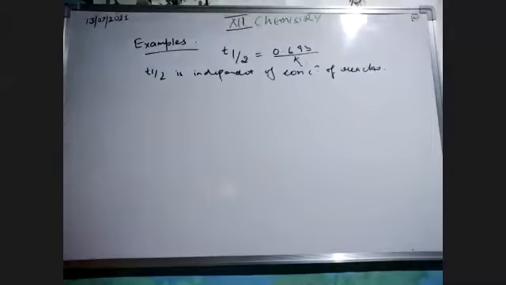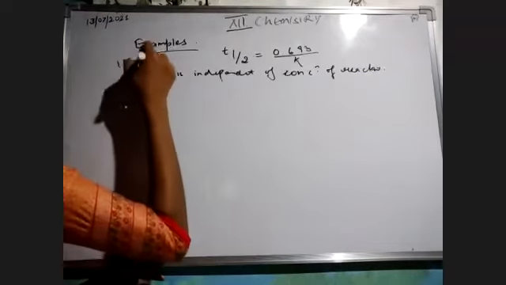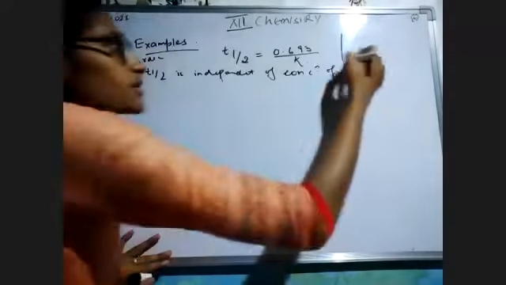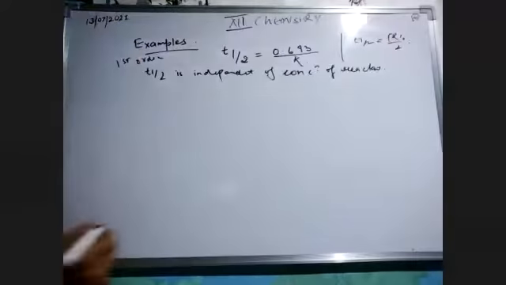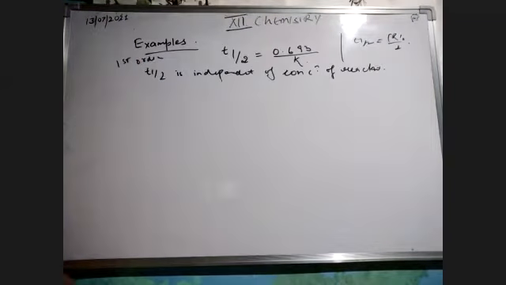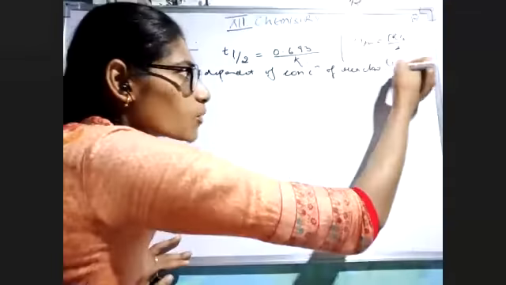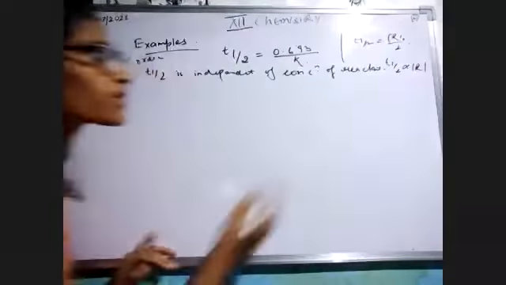That's the answer we got for the first order reaction. But if I'm talking about zero order reaction, my answer was R0 by 2. That means my half-life period is directly proportional to the concentration of the reactant.